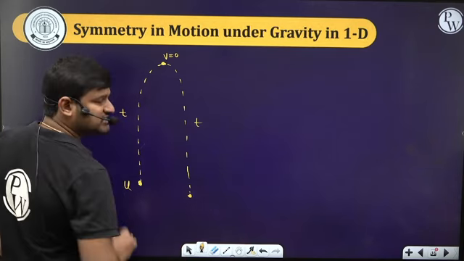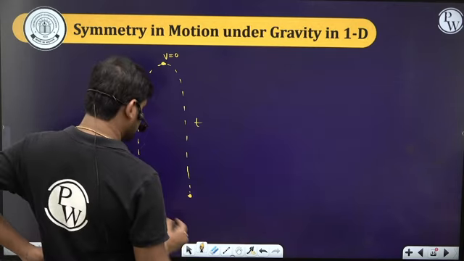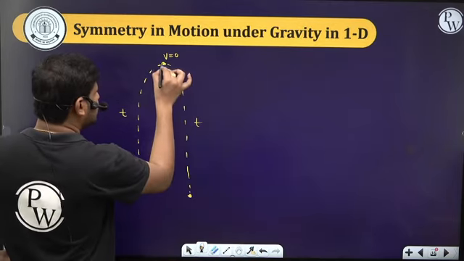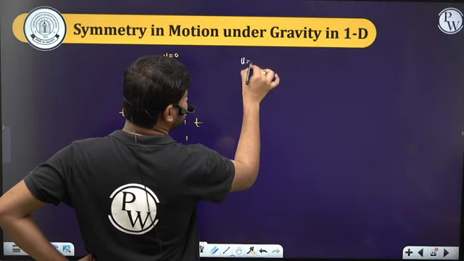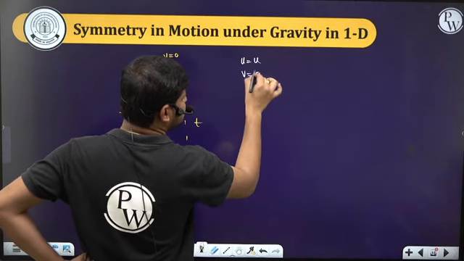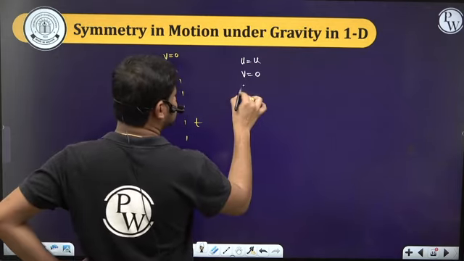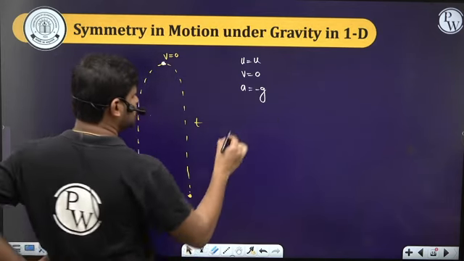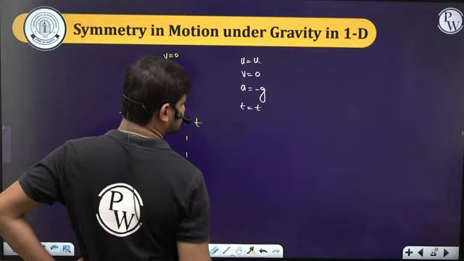Now what is this time t? How do you find this time t? Let me consider the journey of this body from here to here. Let the initial velocity be u and the final velocity 0, and we know the acceleration due to gravity is minus g. Let the time be t.